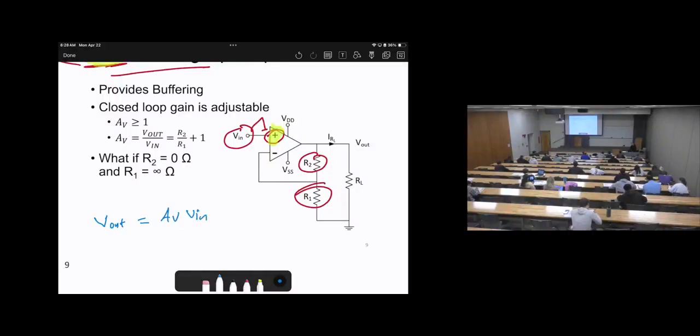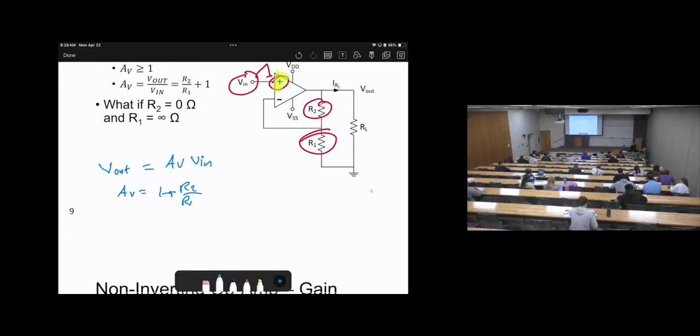The closed loop gain here will be 1 plus R2 over R1. R2 is the feedback resistor, R1 is the feed forward resistor. Feedback over feed forward. So 1 plus R2 over R1 is the closed loop gain.